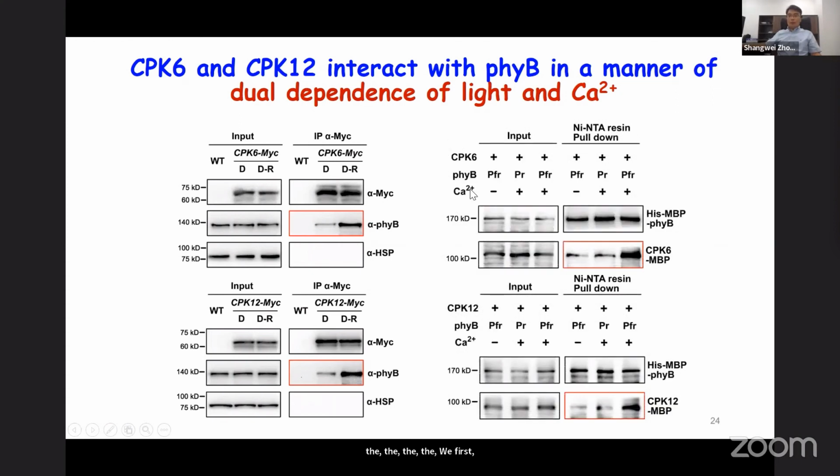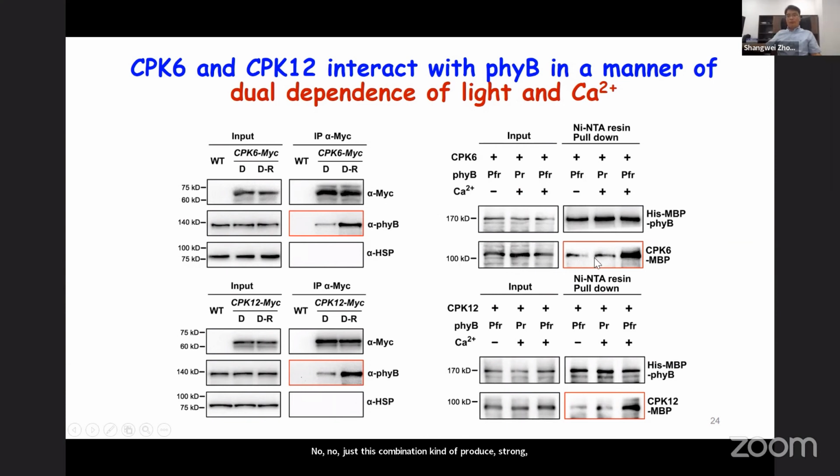We found the interaction of PhyB and CPKs is very specific. When PhyB is activated by light, but without calcium-activated CPK, or when the CPK is calcium-activated, but the PhyB is not activated by red light, none of these combinations can produce strong interaction.